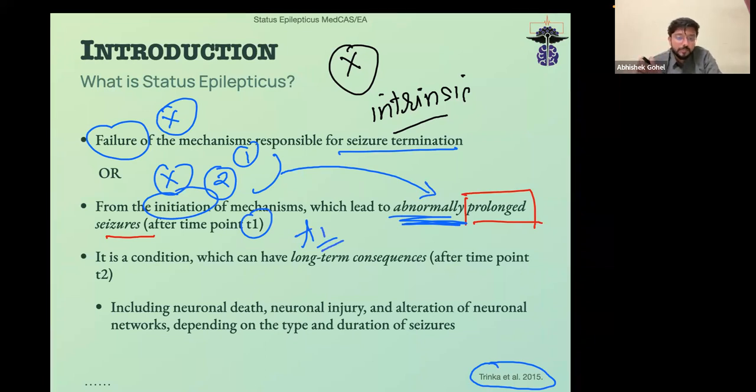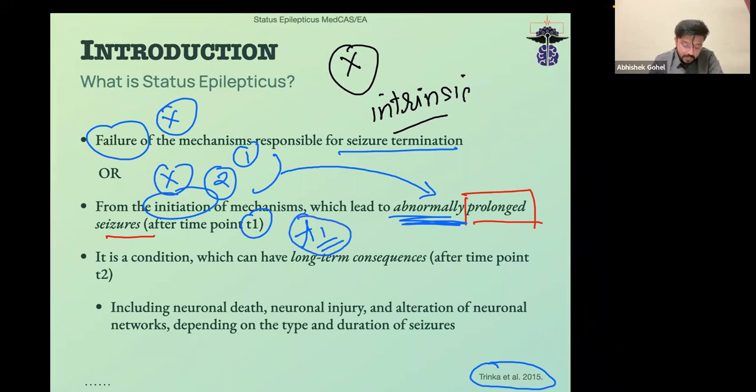Time T1 is the point after which you will term it as an abnormally prolonged seizure. We will come to the importance of it in the next slide. But for now, just understand that it is an abnormally prolonged seizure if it crosses this time T1.